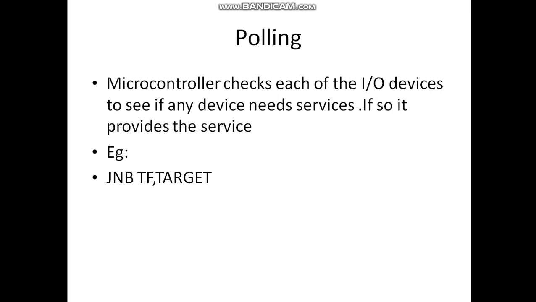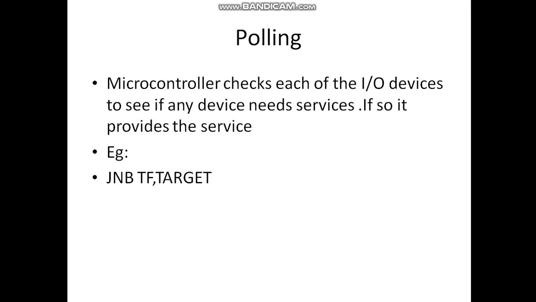We'll consider an example of an instruction where polling is used: JNB TF0, target. JNB means jump if not bit. TF0, the timer overflow flag, is monitored to see if there is any overflow.